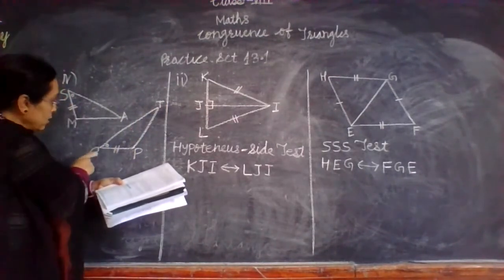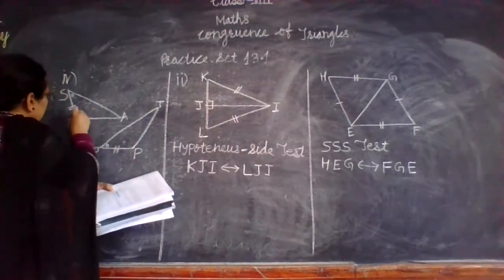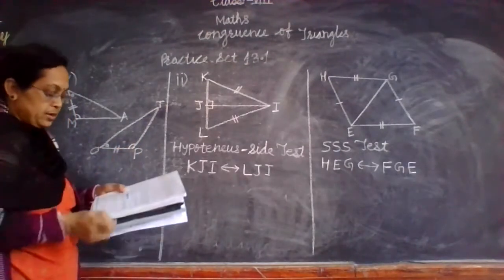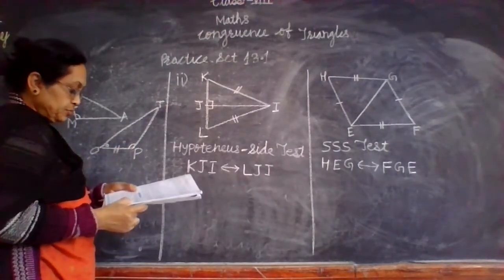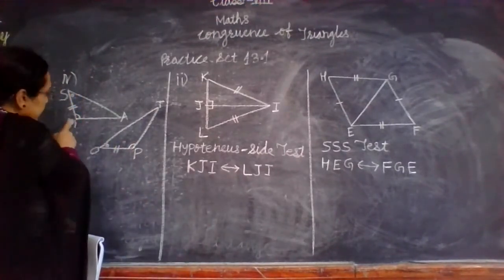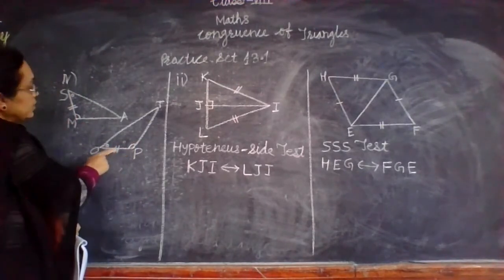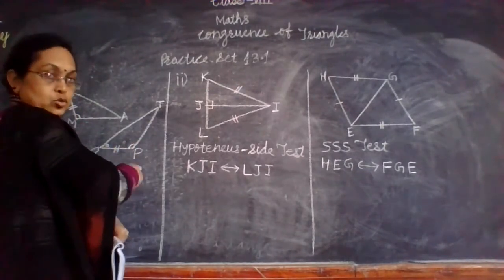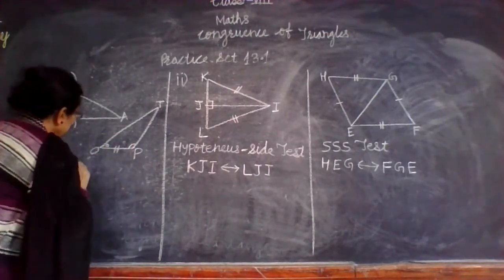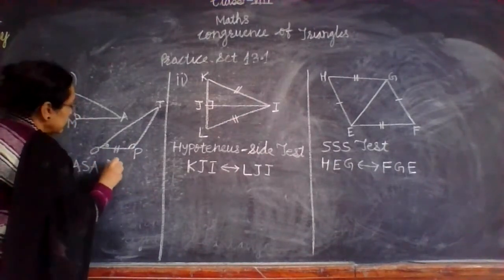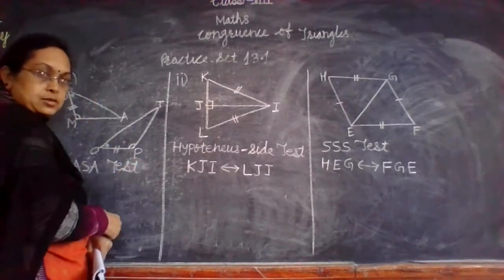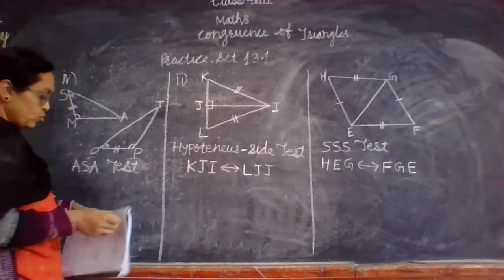Angle S is congruent to angle O here, and angle M is congruent to angle E. So now here, angle side angle test. Angle side angle means this angle, then side, and then angle. So two angles included by one side, that is ASA, test of congruence. These are congruent.